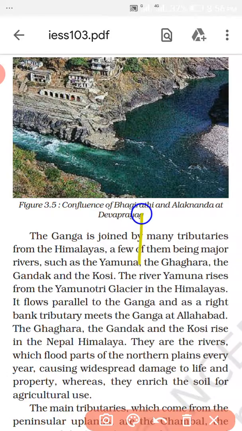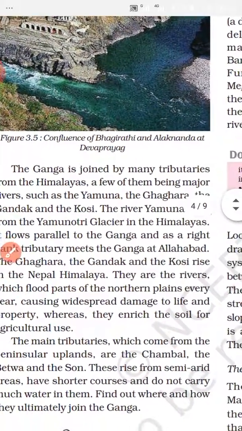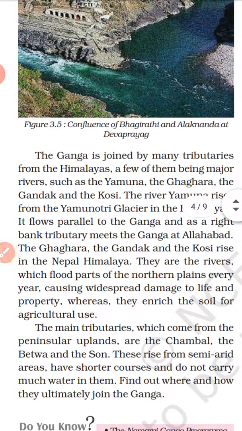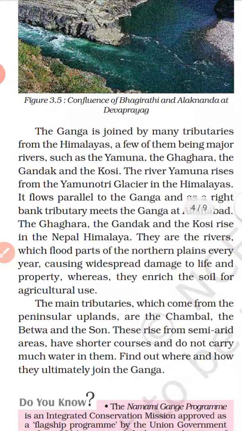The rivers Ghaggar, Gandak and Kosi, tributaries of the Ganga, rise in the Nepal Himalayas. They are the rivers which flood parts of the northern plain every year. Every year the northern plain receives more water from the rivers which come from Nepal.